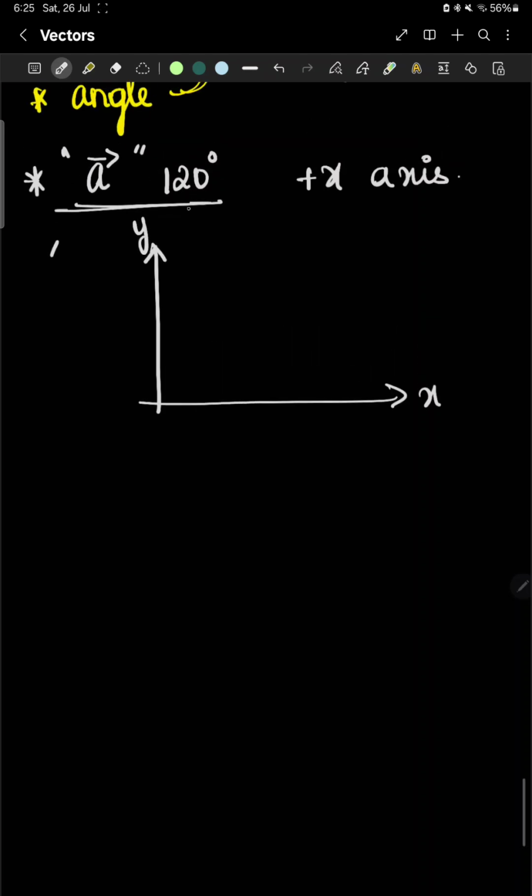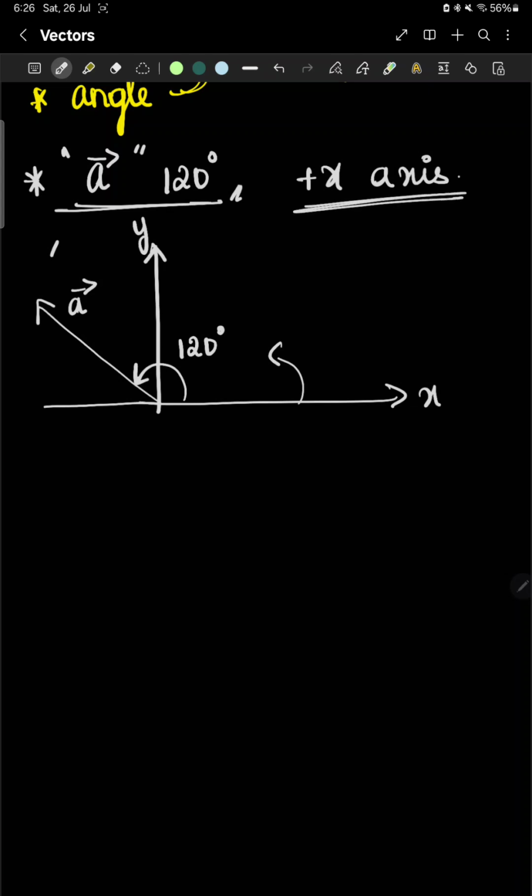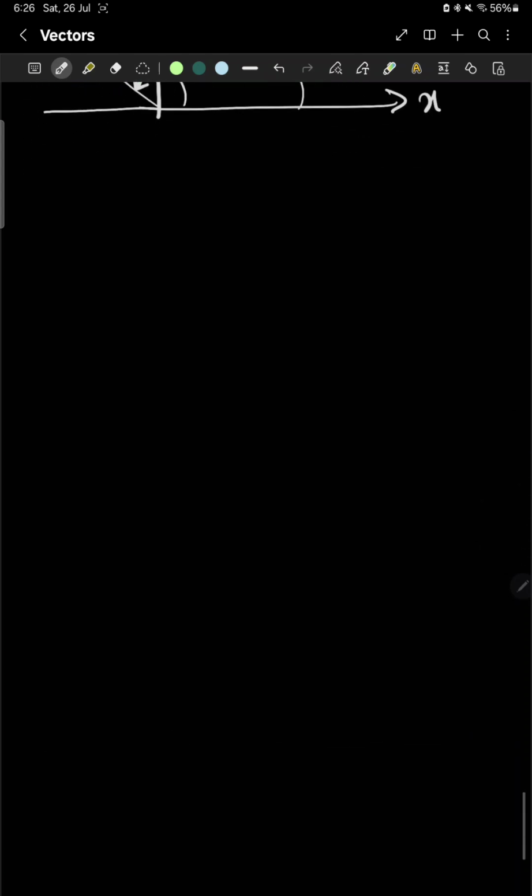As it is making an angle of 120 degrees, this 120 degrees should be measured from the positive x-axis, so it will be in this direction. If I consider this as a vector, then it is making an angle of 120 degrees. This is the way we represent the vector when no reference line is given: we always consider the positive x-axis as the reference line.